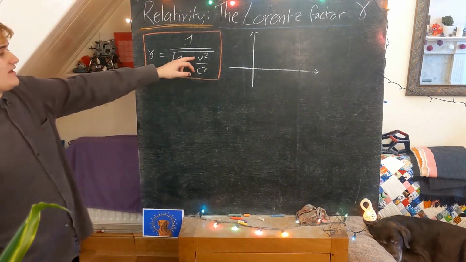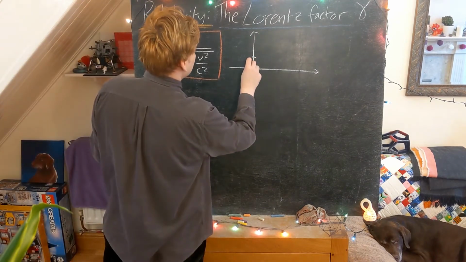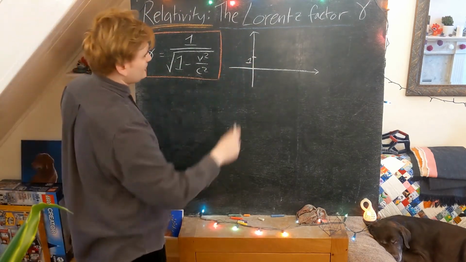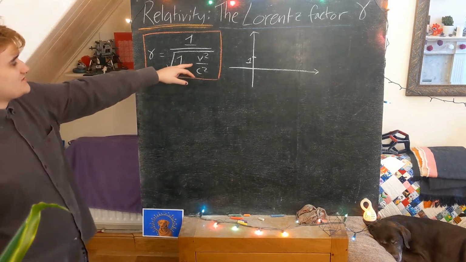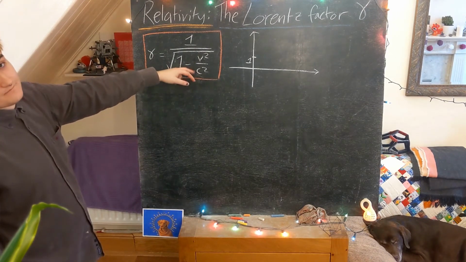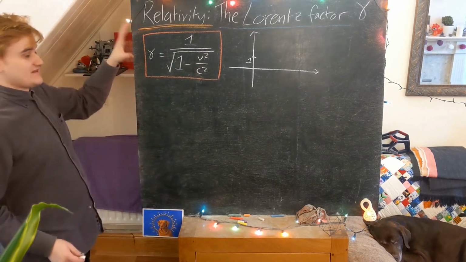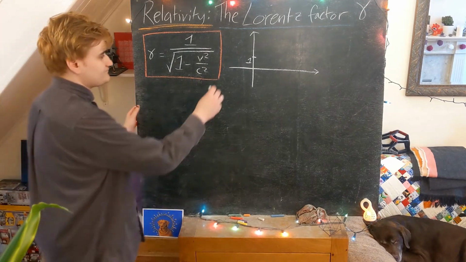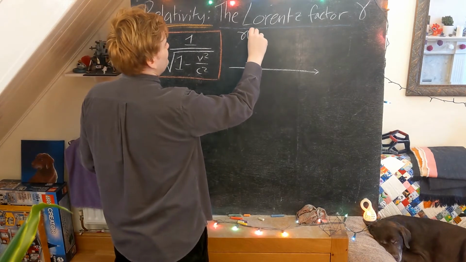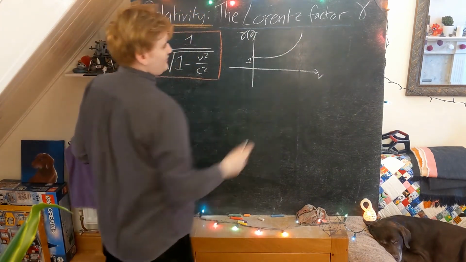But basically, at v equals 0, this thing is just 1. And then as v increases, this is going to start increasing upwards. And now as v approaches this value c, the denominator is going to approach 0, and so this thing is going to asymptote to infinity. And so this function now, this gamma of our velocity, if this is our velocity, is going to look something like this.